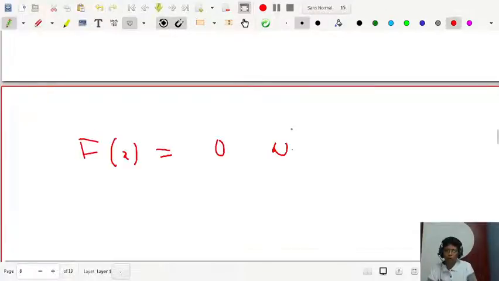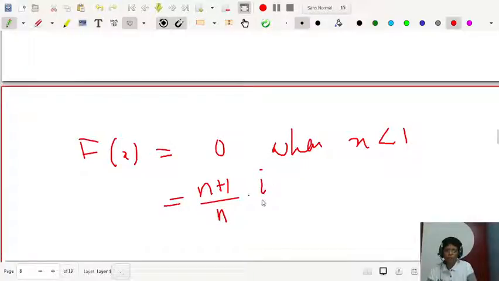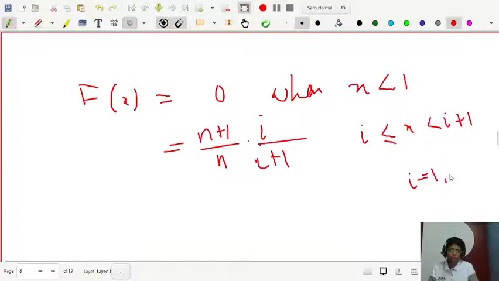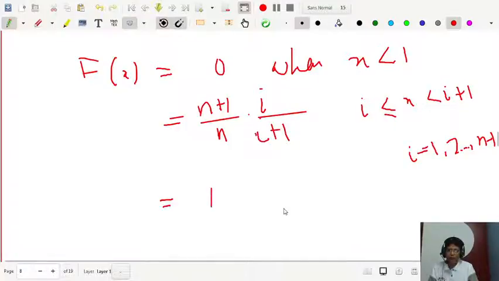F(x) is equal to 0 when x is less than 1, equal to n plus 1 by n into i by i plus 1 when i is less than or equal to x less than i plus 1, where i runs from 1 to n minus 1, and equal to 1 if x is greater than or equal to n. This is already verified. Now this is the distribution function, already calculated.